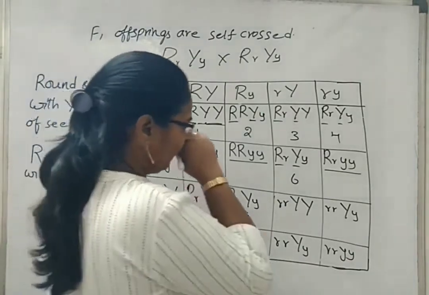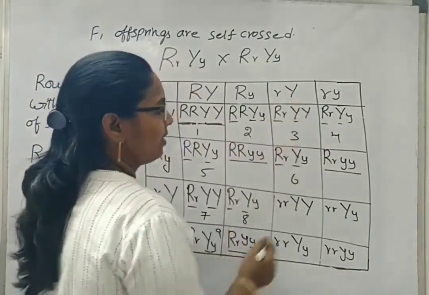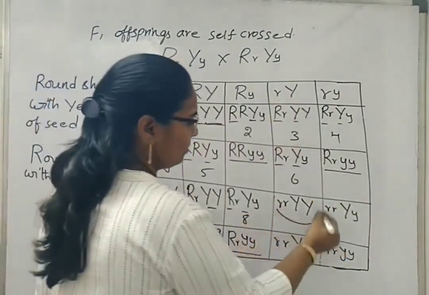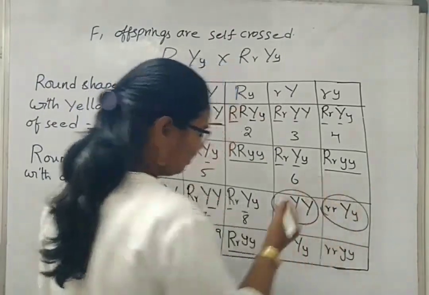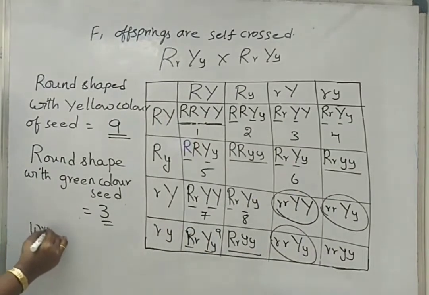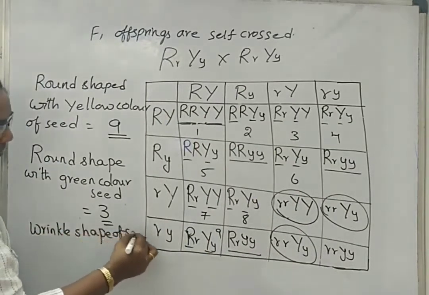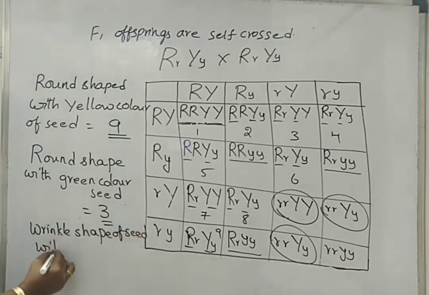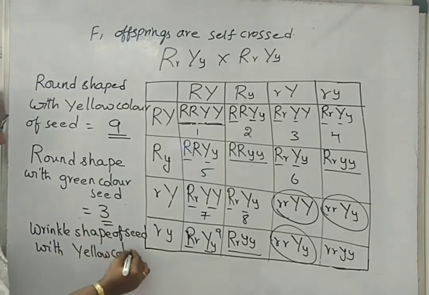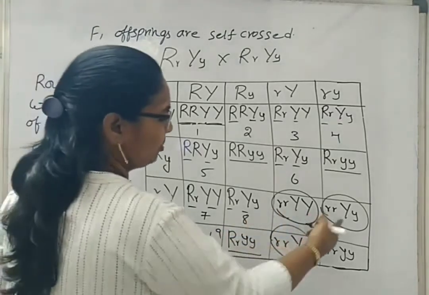Now, another one. Here is the wrinkled shape of the seed with a yellow color. 1, 2, 3. So, another phenotypic character, a wrinkled shape of seed with a yellow color. How many are there? So 1, 2, 3.